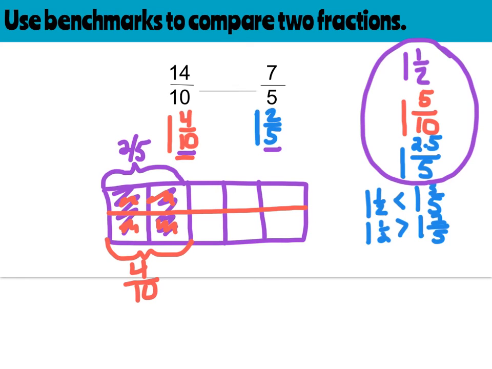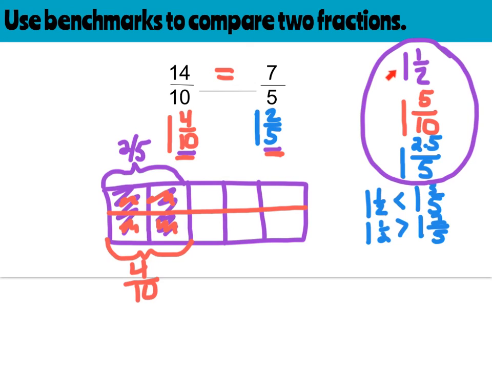Oh, so that's why they're so close. 4 tenths and 2 fifths are equivalent fractions. So 1 and 4 tenths and 1 and 2 fifths are equal. So let's review that. As I was starting to compare these fractions, I realized that they were both really close to 1 and 1/2.